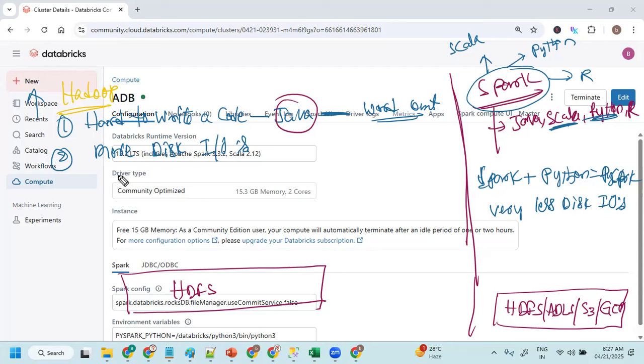With Hadoop, HDFS is one component for storage, another component is MapReduce. Okay, so let's say, for example, I have map1, map2, map3, and map4.